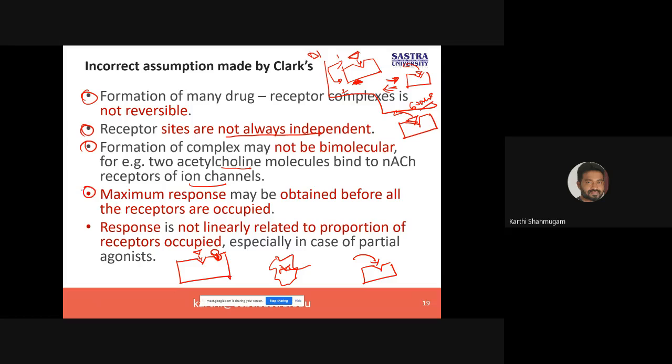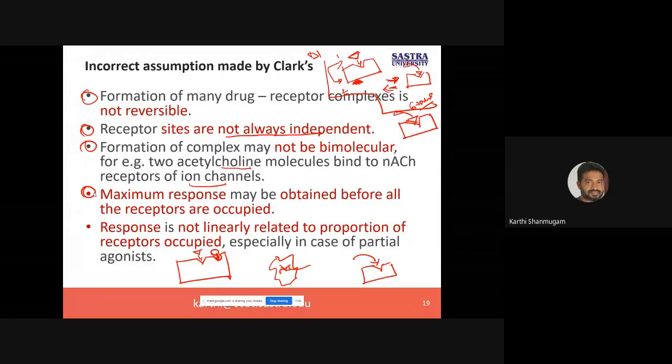The fourth basic assumption he made is also wrong. It is about maximum response according to Clark. What we learned is that we can expect the maximum response if all the receptors are occupied by the drug molecule. But sometimes maximum response may be obtained even before all the receptors are occupied.